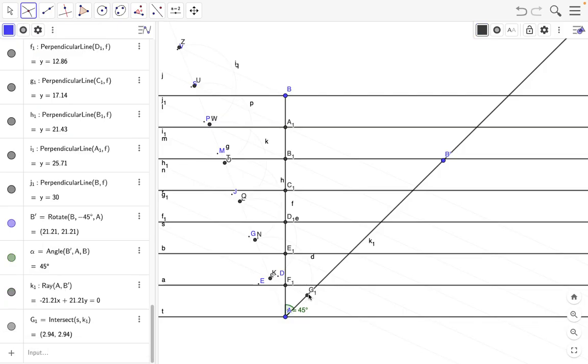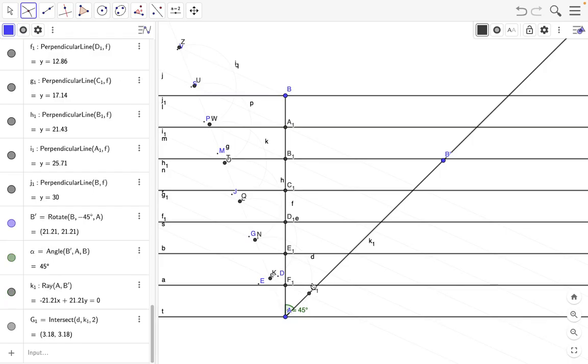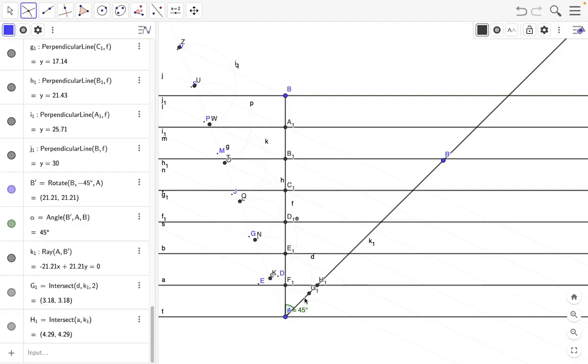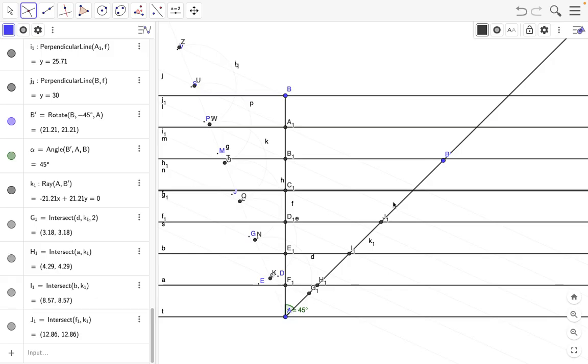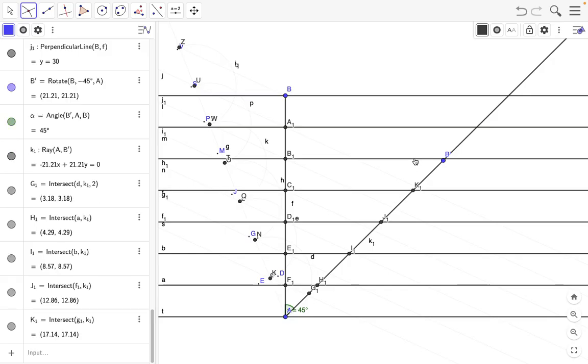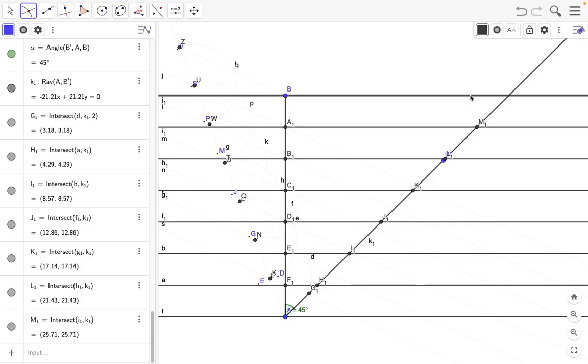We will select this line, next this line and this line, then this line, again this line and this line, this line and this line, this line, this line, and finally this line.